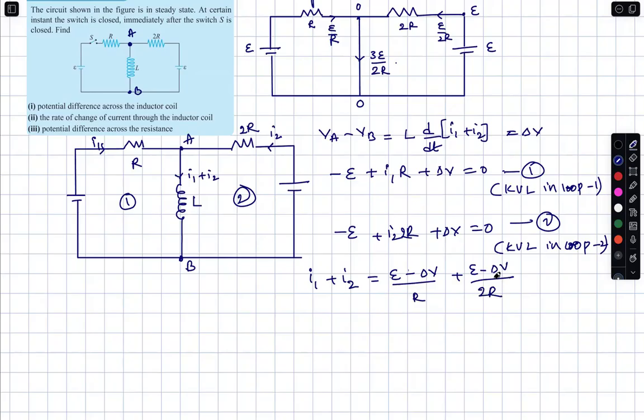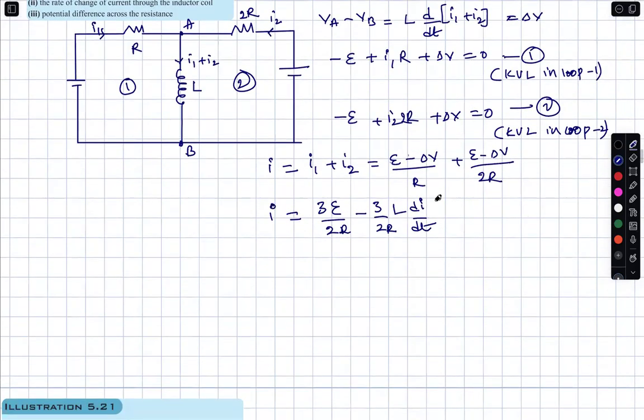Delta V we know. Let this be some I. This I can be written as 3E by 2R minus 3 by 2R times delta V, which is L di by dt.